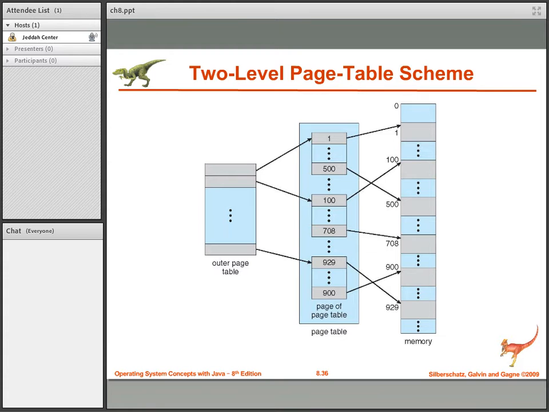So the central column gives you the page of the page table, not the actual direct location in the physical memory. These pages of the page table will guide you to the actual frame in the physical memory location.